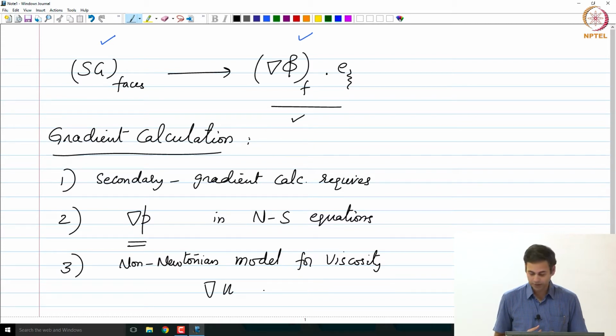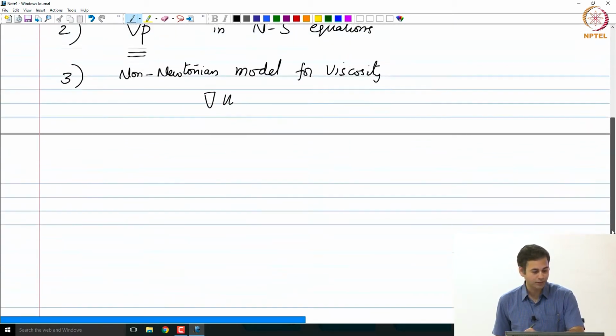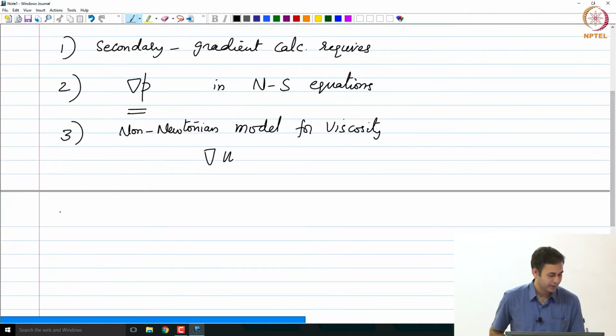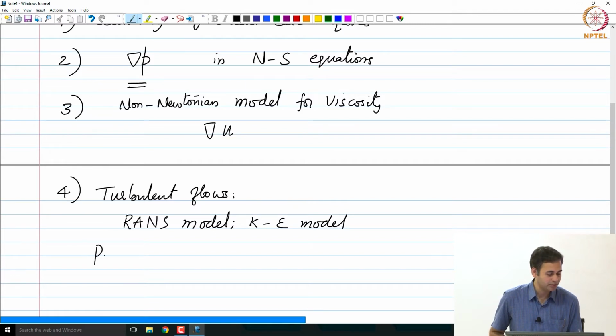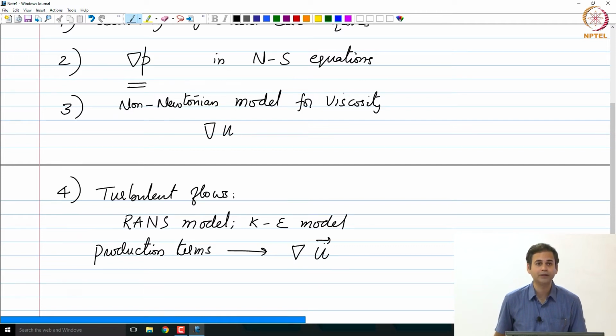Similarly, if you are solving for turbulent flows, let us say you have a statistical model, something like a Reynolds-averaged Navier-Stokes model, like a K epsilon model, then the production terms in these turbulence models would also require the calculation of the gradients. So the gradients of the velocity vectors are required in evaluating the production terms of the RANS models.